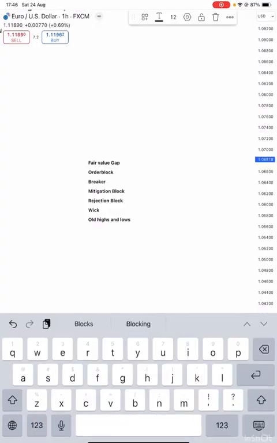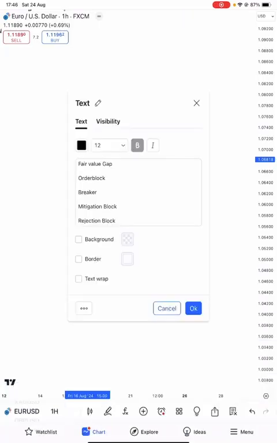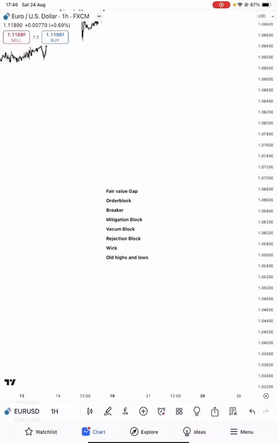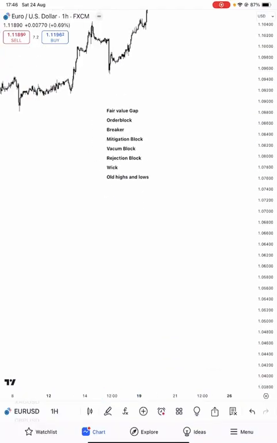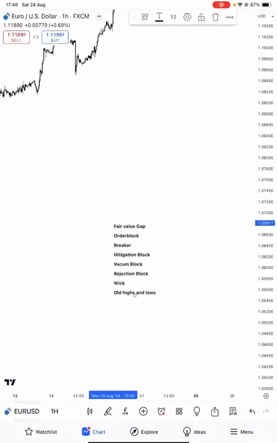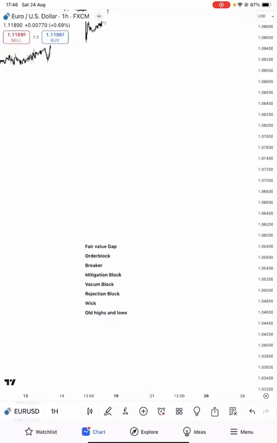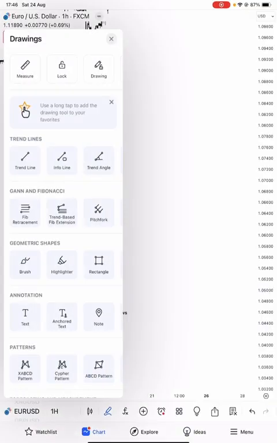Order block, breaker, mitigation block are specific, and also there is a specific price level. Also there is mitigation block and the more rare vacuum block. If you attended the core content, you know what a vacuum block is.